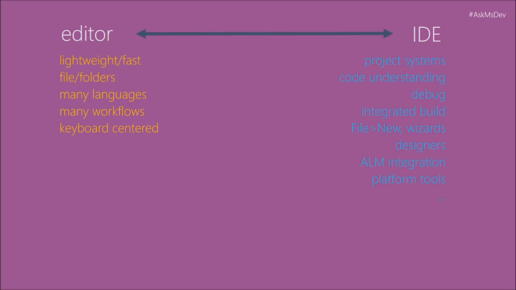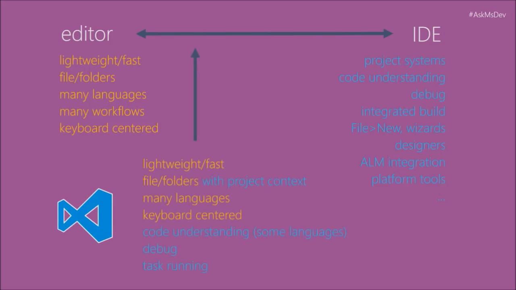So what we've done with Visual Studio Code is give you a solution in between the two of them. As you can see, the arrow is positioned towards the left of the spectrum. So it's very much a lightweight experience based on a files and folder structure.